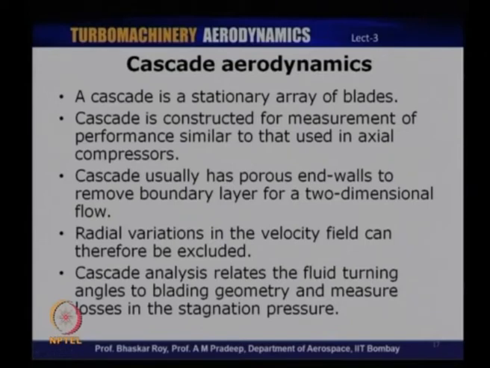It's something I will explain in the next slide. Since the flow is now two-dimensional, radial variations in the velocity field can be neglected. So, cascade analysis basically relates the fluid turning angles to the geometry and also the losses in stagnation pressure that are likely to be incurred as the flow passes through a cascade blade.